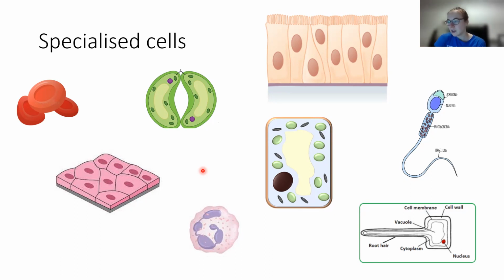neutrophils. One adaptation is, again like red blood cells, they're very flexible. So they can squeeze through little holes in the capillary wall and can squeeze through capillaries as well. They need to be quite flexible. Another adaptation is that a lot of them contain digestive enzymes, what we call lysosomes.